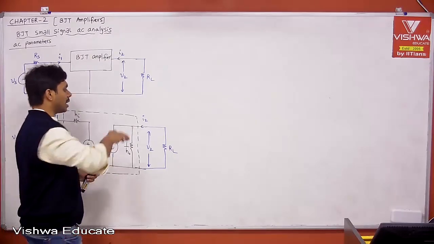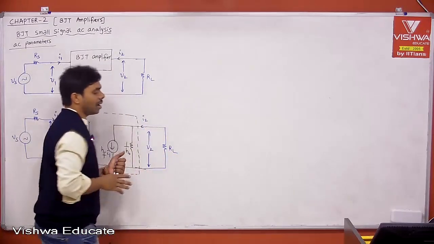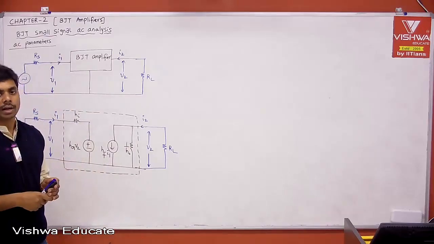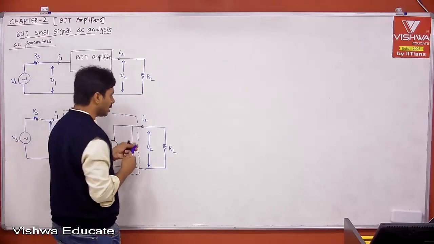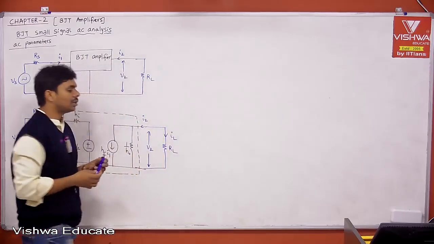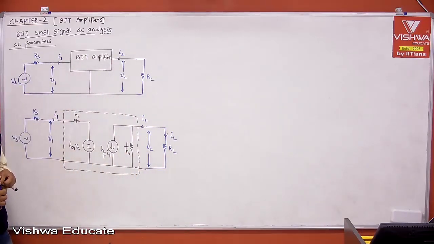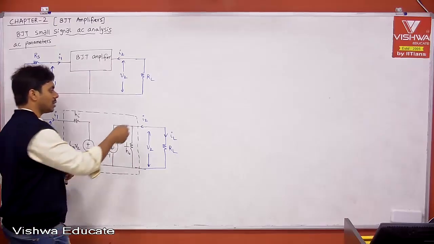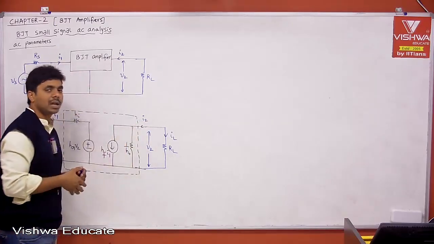But the current entering the load is what people call the load current. According to the two-port network, the current entering the amplifier is defined as I2.